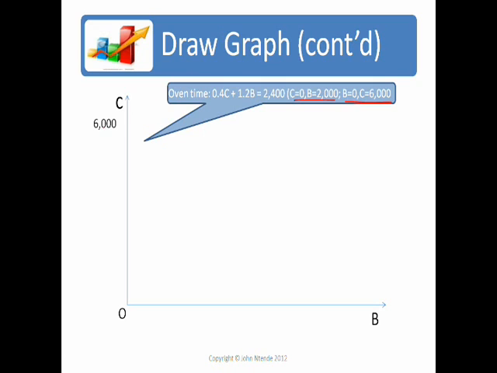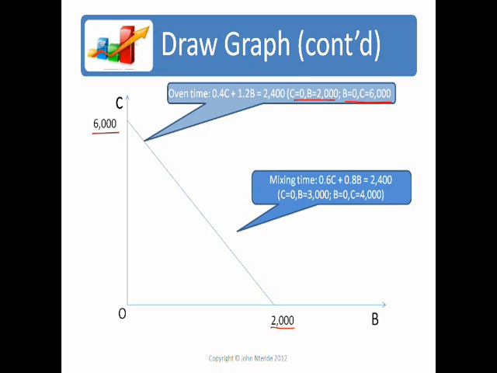This point here is the point when b is equal to 0 and c is equal to 6000, and this point here is the point when c is equal to 0, b is equal to 2000. So we join these 2 points by a straight line. So that straight line is the line for oven time.